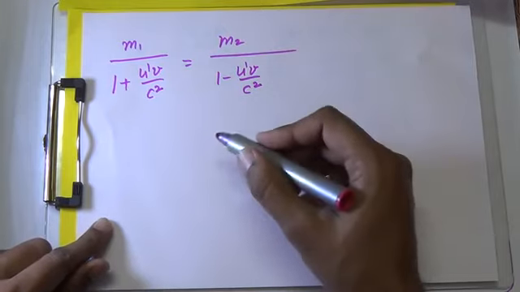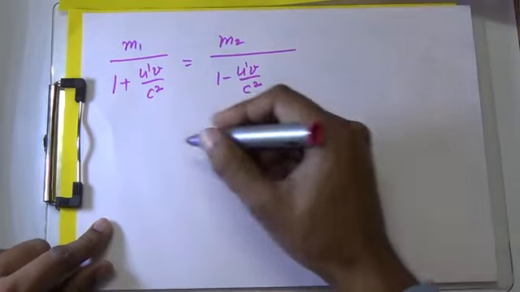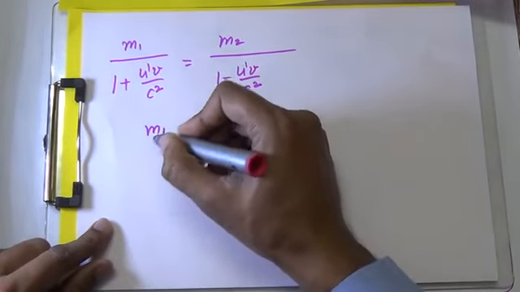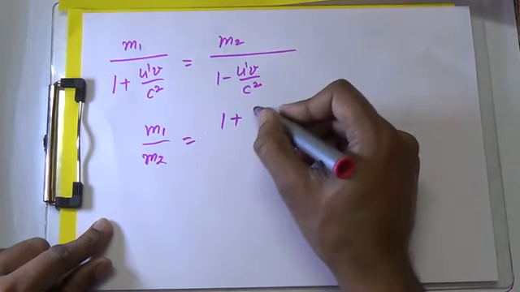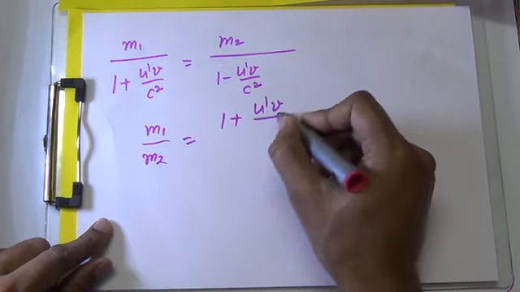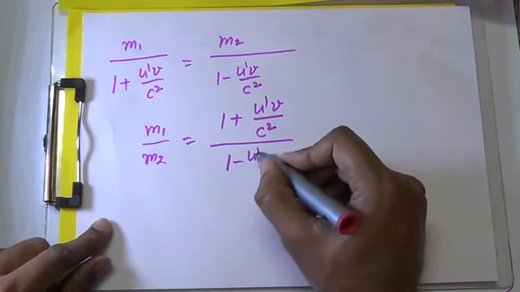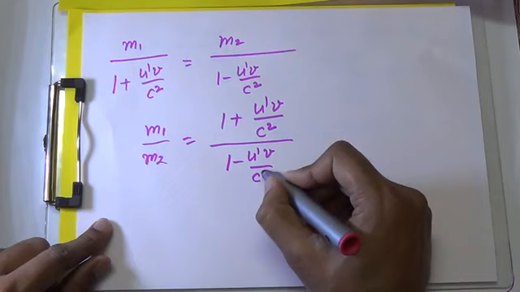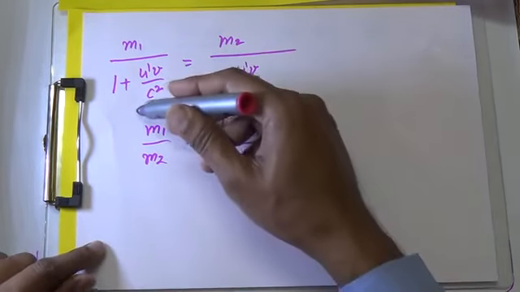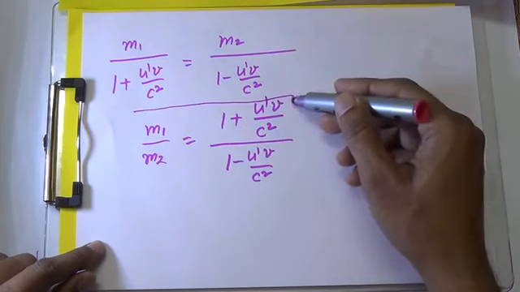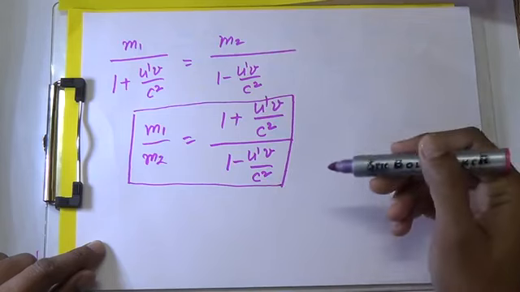And further simplification, because we want the ratio of m1 and m2, this becomes m1 upon m2 is equal to 1 plus u prime v upon c square upon 1 minus u prime v upon c square. So this was the first step where we have found out the ratio of m1 and m2.